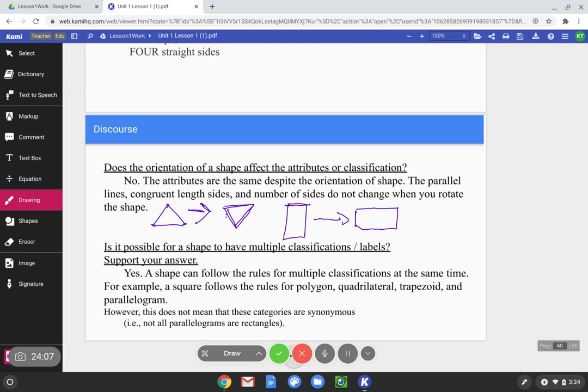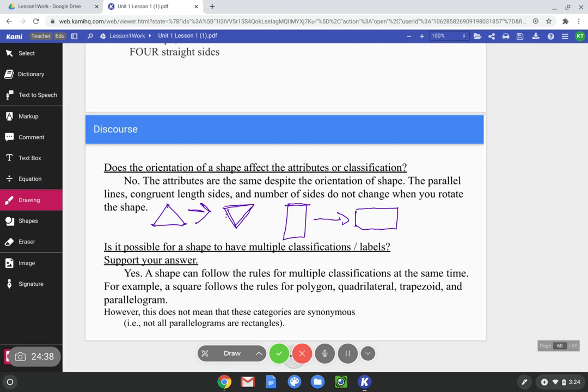It's going to Thanksgiving with quadrilaterals because it has four sides. And it's going to Christmas with trapezoids because it has at least one pair of parallel sides. And it celebrates its birthday with parallelograms because they both have two pairs of parallel sides and two pairs of congruent lengths. So the square is a part of many families.